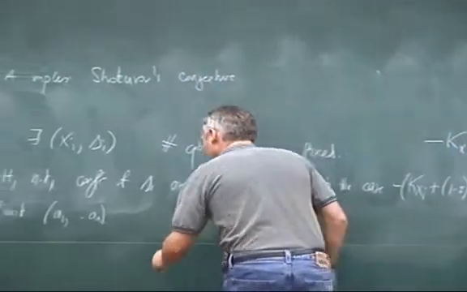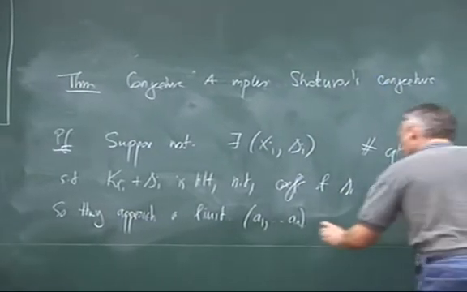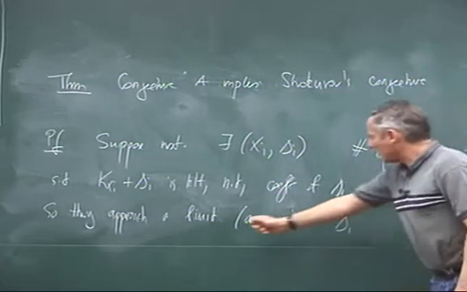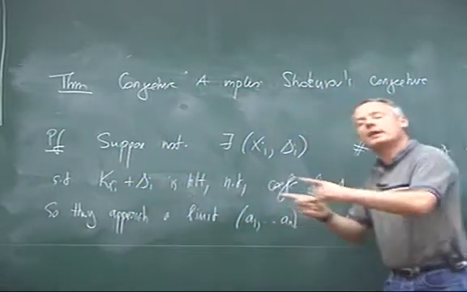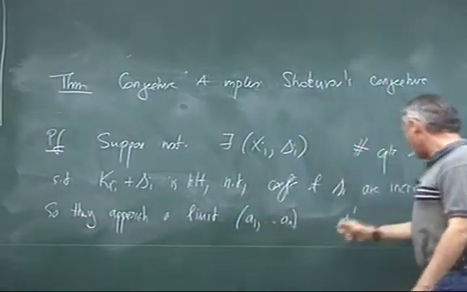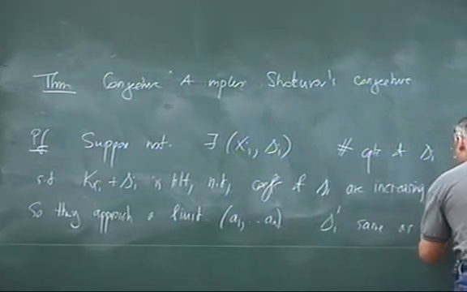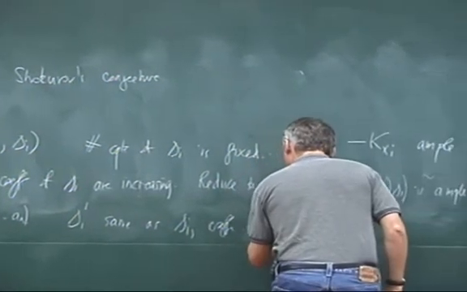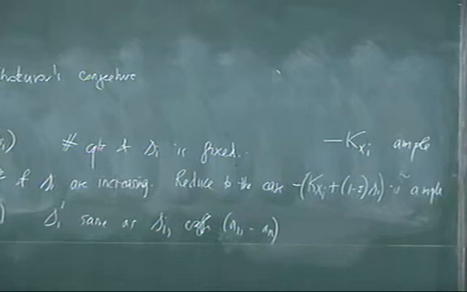So then what that tells me is, if I increase delta_i, I get something of general type. So let delta_i prime be the same as delta_i, but with coefficients a_1 up to a_n. I order the components of each delta_i, and they each tend to a limit. So I match up the components, I just increase them to the limit.